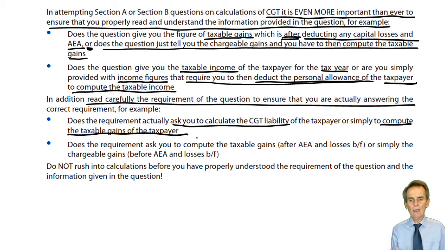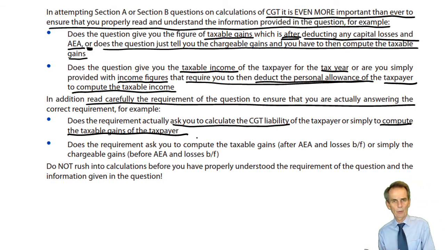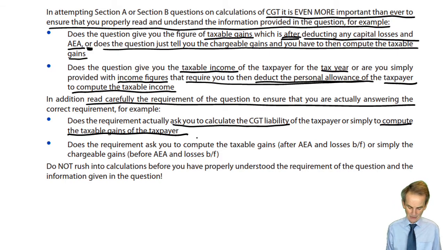They may give you individual assets with market values and or sale proceeds, your allowable costs, and you've simply got to work out what the net gains of the year might be, and then the taxable gains after deducting any AEA. They don't necessarily always ask you to compute the CGT liability.